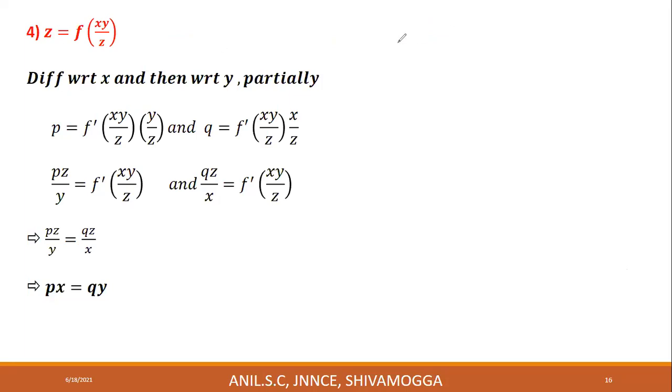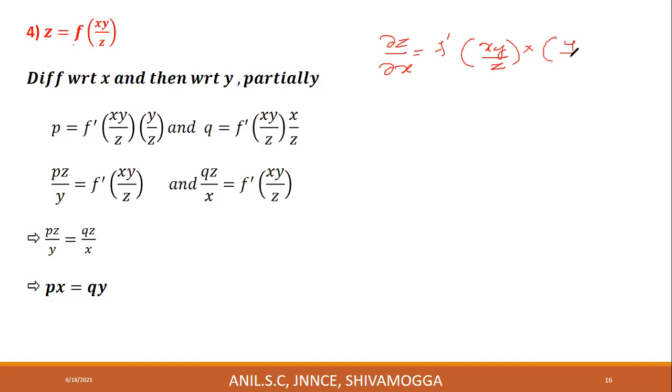That is denoted by del z by del x. The derivative of f of xy divided by z is f dash xy divided by z, into the derivative of xy divided by z partially.